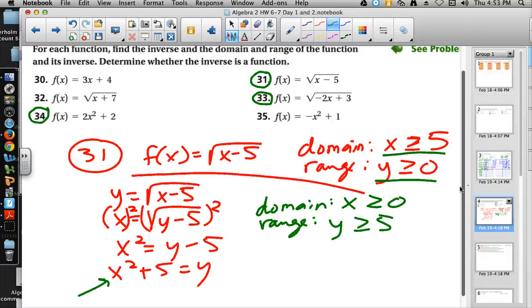So because of the domain restrictions on all of this, yes, it is a function. It works. So there it is. In fact, the original, like I said, with the domain restrictions that they give us, the original will be a function and the inverse is a function. All right, next one on my list here is 33.